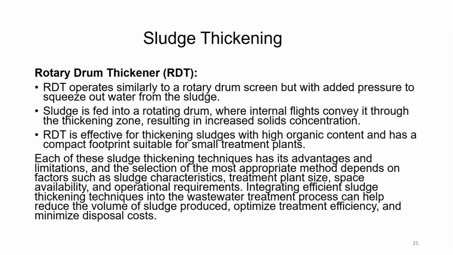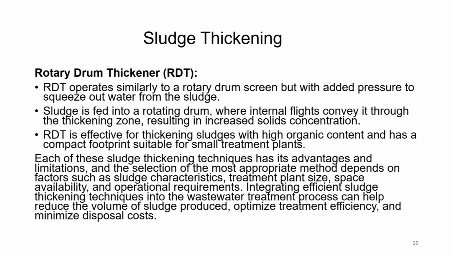Rotary drum thickener, RDT. RDT operates similarly to rotary drum screen, but with added pressure to squeeze out water from the sludge. Sludge is fed into the rotating drum, where internal flights convey it through the thickening zone, resulting in increased solid concentration.